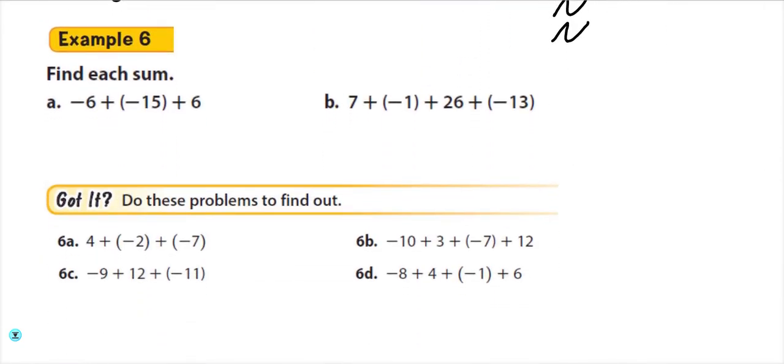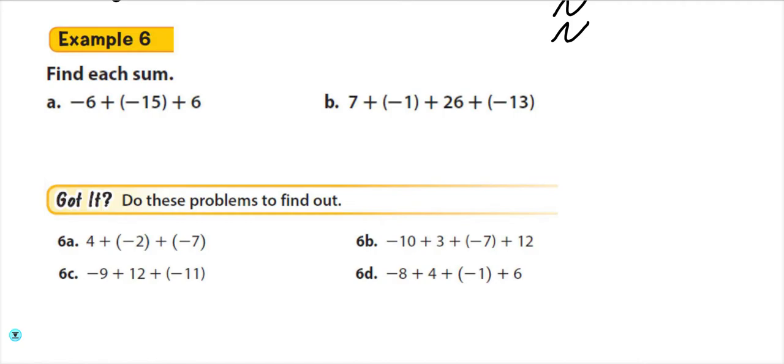All right, now let's get to the second part of the objective, which is to add more than 2. If you remember back when we did the average thing, I like to add up all of them at one time, as in the same sign. So let's do all the negatives, then all the positives, or vice versa, however it comes. So I have negative 6 and negative 15.